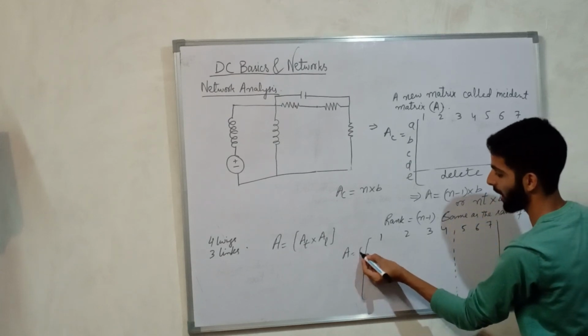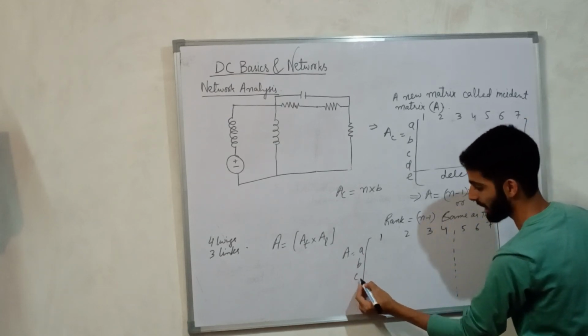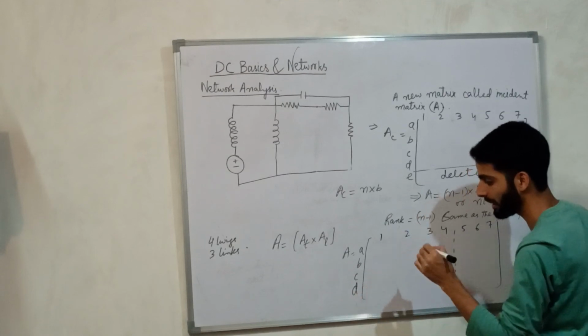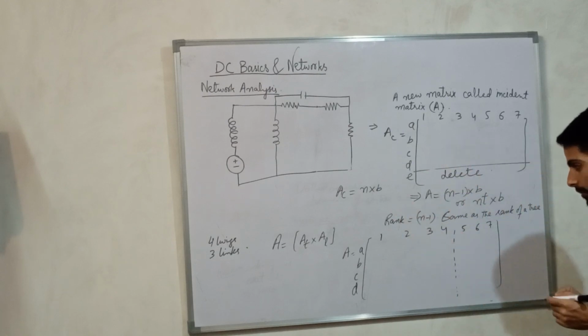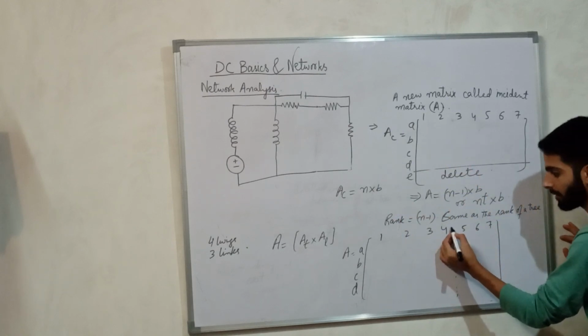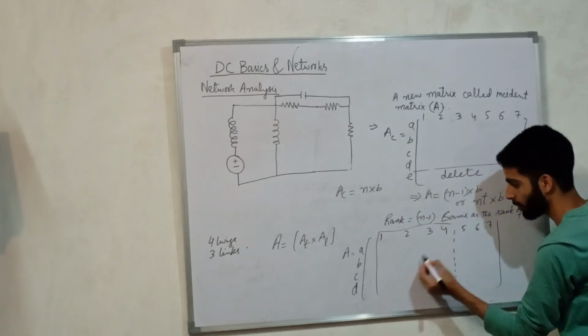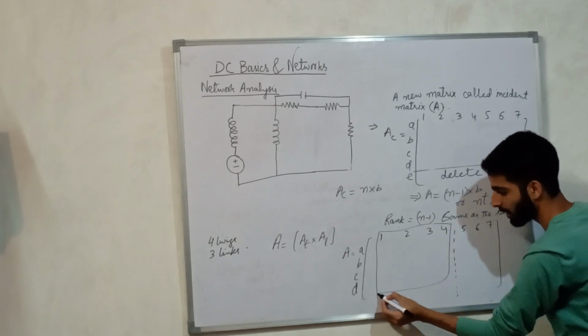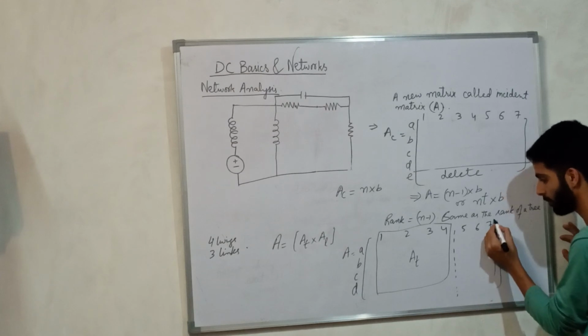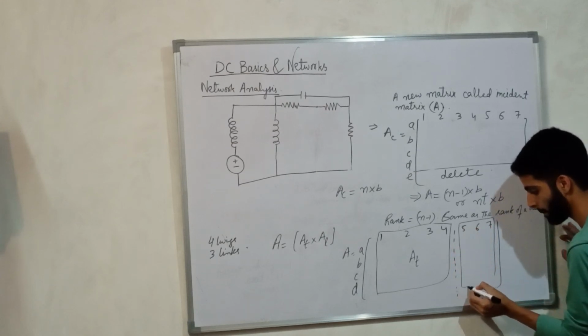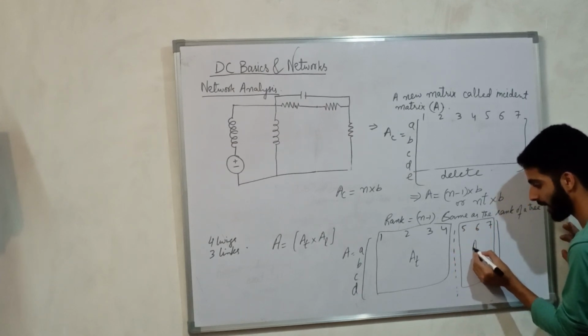And similarly, rows A, B, C, D, only D, not E here, because E was included in AC. So this matrix will form AT, and this matrix will form AL.